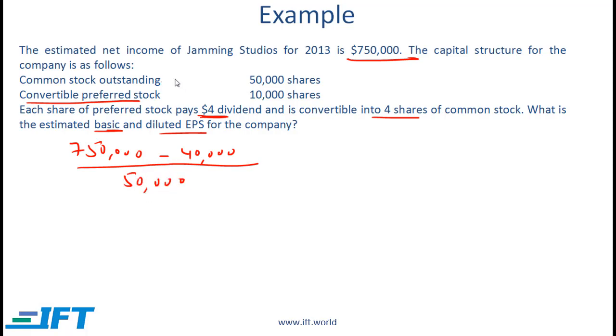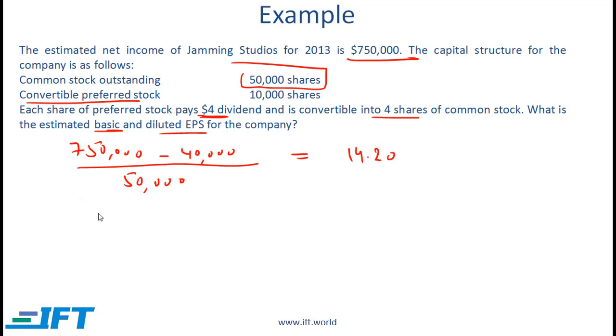Here we are making a simplistic assumption that the number of shares outstanding is 50,000 throughout the year. Our basic EPS is then 14.2. To compute the diluted EPS, we assume that the convertible preferred stock is actually converted.